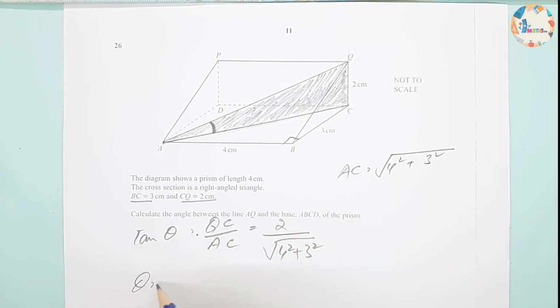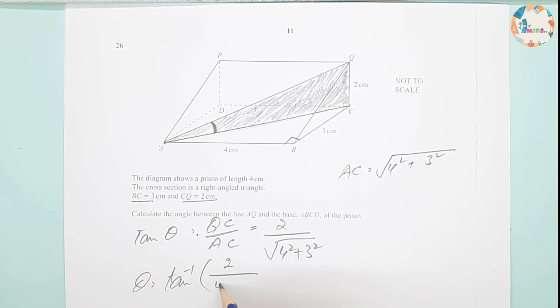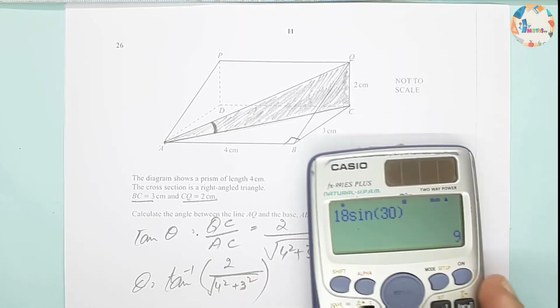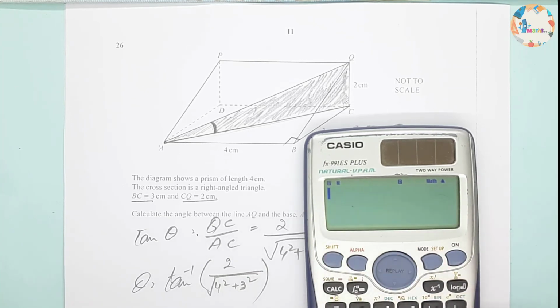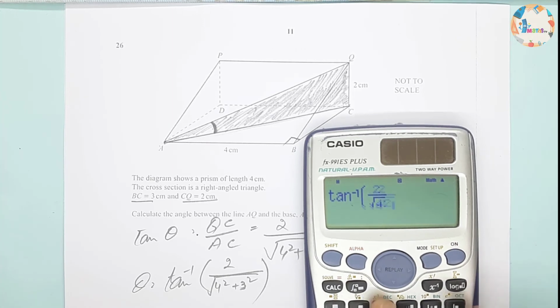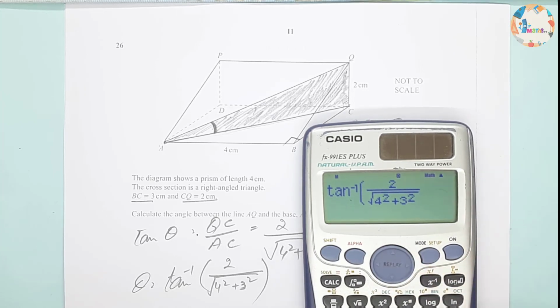So theta will be equal to tan inverse of 2 over root of 4 square plus 3 square, and we can check tan inverse of 2 over root of 4 square plus 3 squared, bracket close.